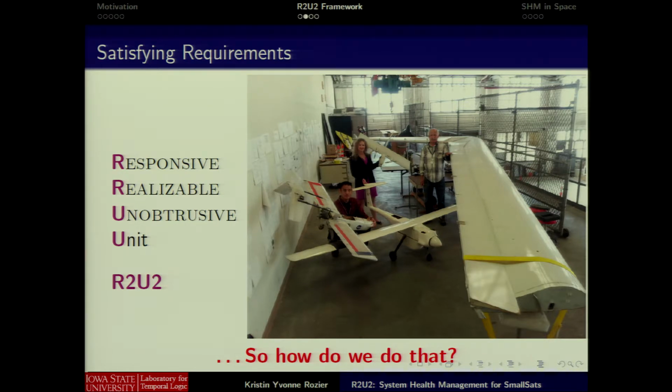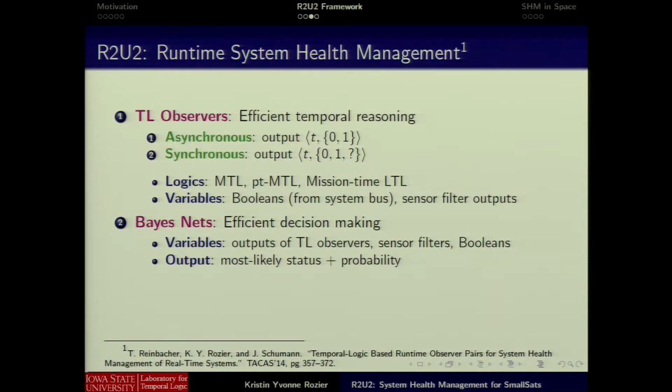But this is the spacecraft flight software workshop, right? So we want to know how we do that for spacecraft, like small satellites. How do we adapt this to that mission? Well, on a high level, I'll go over the general architecture of R2U2. You can find more details in the papers cited at the bottom of the slides.